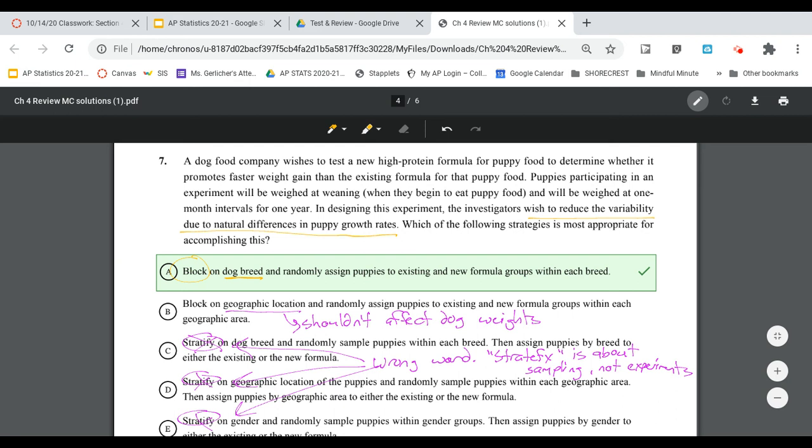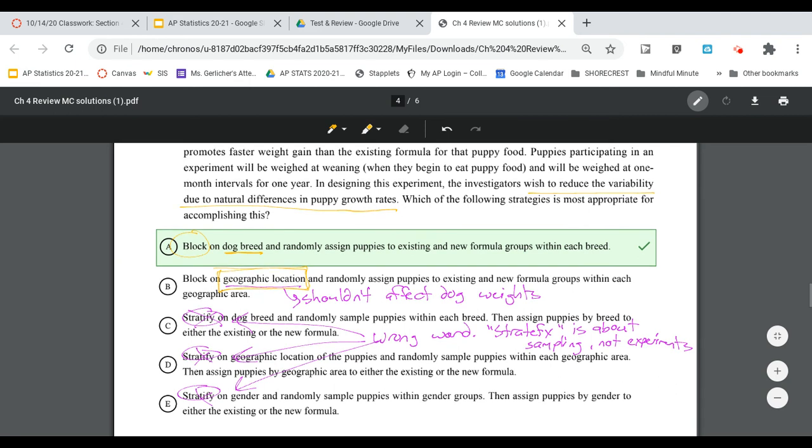So by keeping this experiment separate within dog breeds, you can start to really notice the differences between the dog food. Blocking on geographic location shouldn't be affecting dog weights in any significant way anyway, so that would not be an appropriate variable to block on.